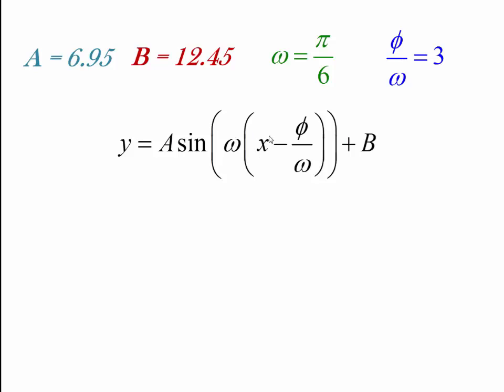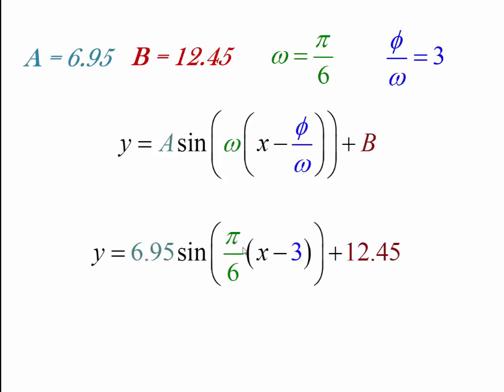Some books talk about using x when we're talking about radians and theta when we're talking about degrees. I don't personally subscribe to that. I find them interchangeable. This is our phase shift. This is our vertical shift. So we can think about it as bringing in each of these values where they belong. And this is our equation to describe the hours of sunlight in Anchorage, Alaska per month, where X is the month of the year.